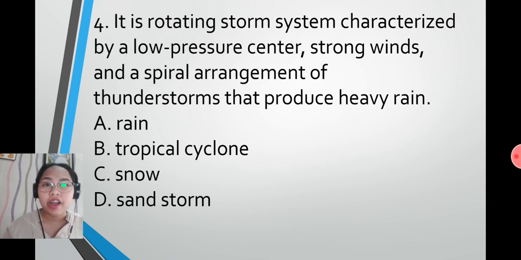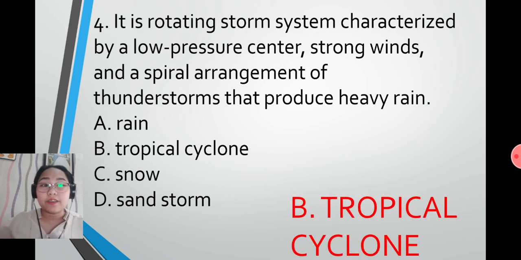For number 4, it is a rotating storm system characterized by a low pressure center, strong winds, and a spiral arrangement of thunderstorms that produce heavy rain. Is it A, rain, B, tropical cyclone, C, snow, or D, sandstorm? What do you think is the best answer? Very good. Letter B, tropical cyclone.